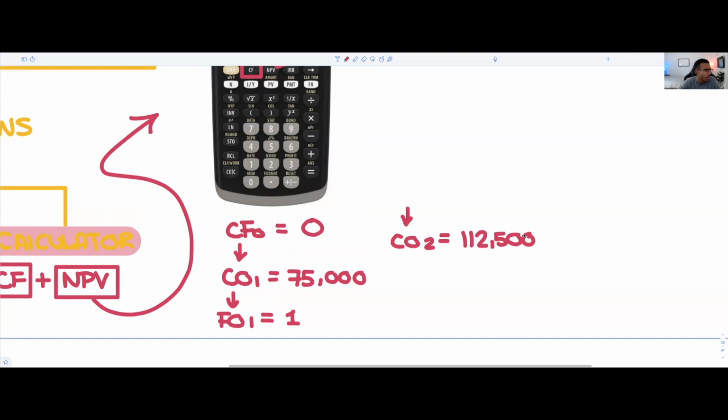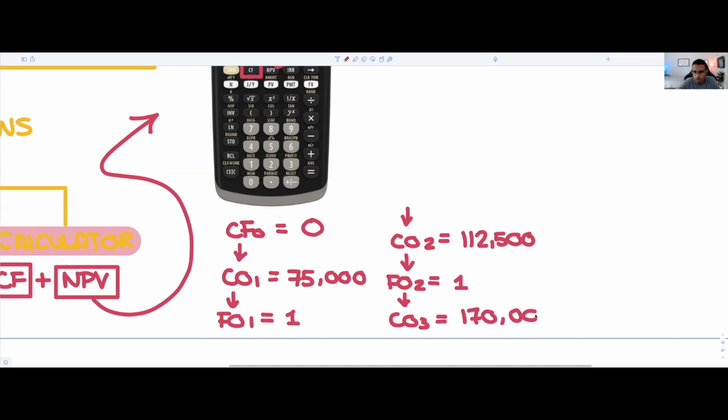Now, once again, don't hesitate to let me know if I made a mistake. I'm always open, and I always review them afterwards, so your mistake should already be amended in the comments section, in the PDF and the website and all that good stuff. So F02 is equal to 1 as well. CO3 is going to be equal to 170K.